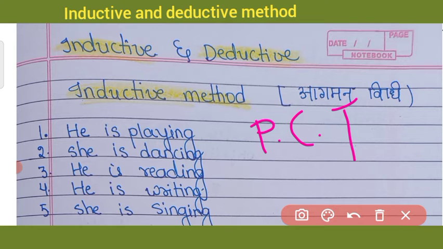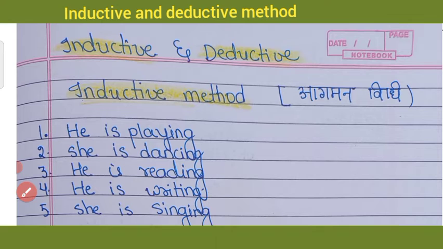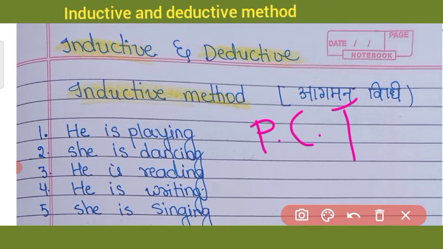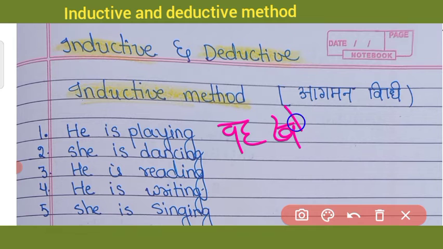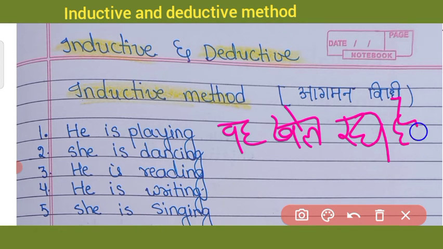But in inductive method, the teacher has to give examples first. So the teacher will first write all the examples, like: he is playing, वह खेल रहा है. Then: she is dancing, वह डांस कर रही है.